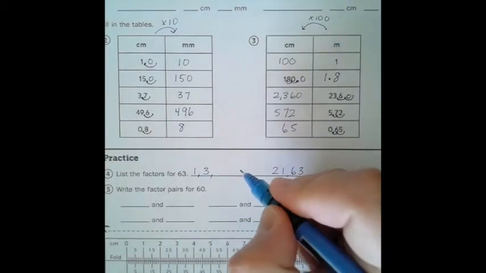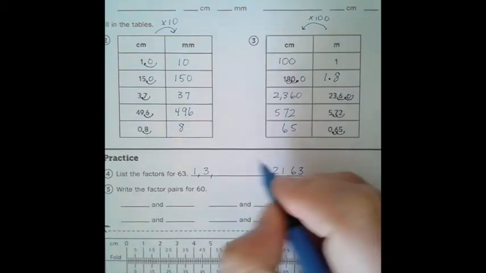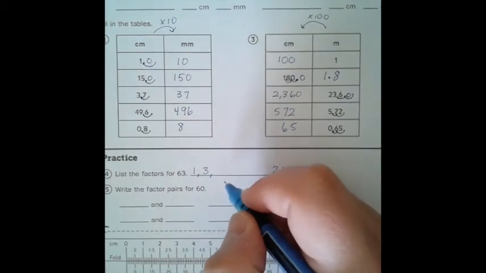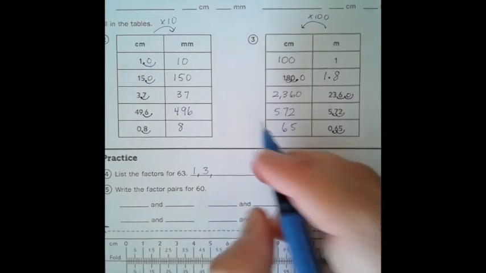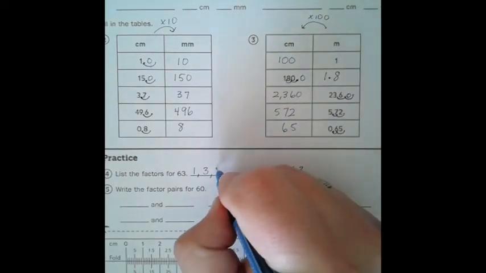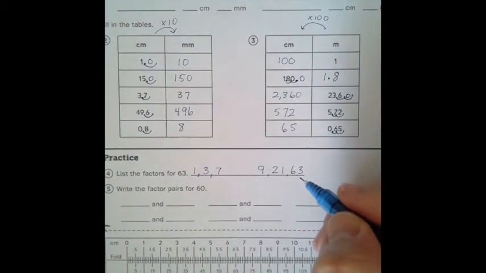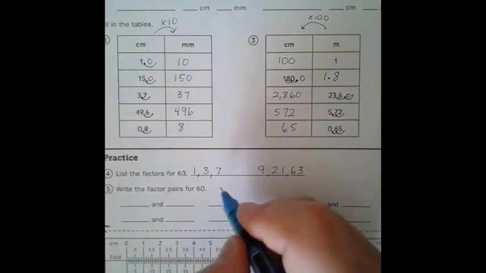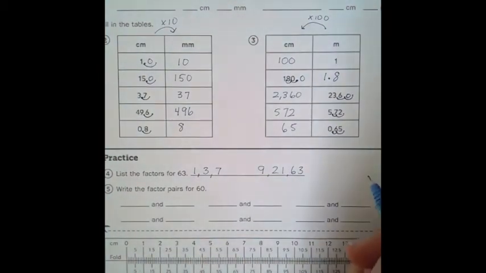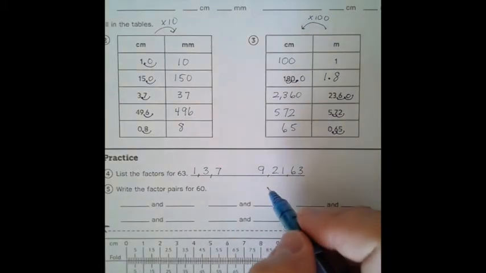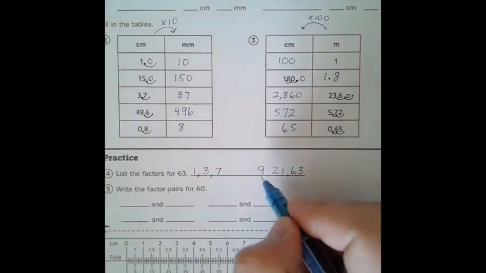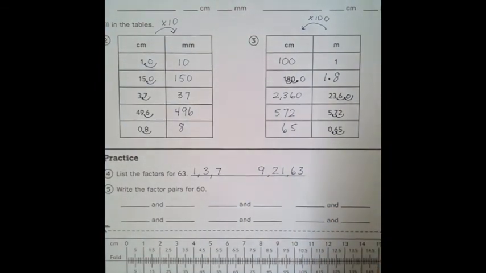No. 5, neither, because it doesn't end with 5 or 0. How about 6? No. We know that 7 does, because 7 times 9 would give us 63. 8 does not go into 63. And 9, yes, 9 times 7. We're already repeating, so that means we have all our factors.